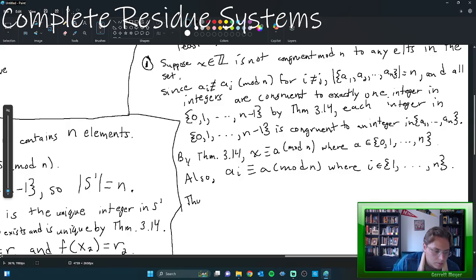Thus, x is congruent to ai mod n by theorem 1.11.